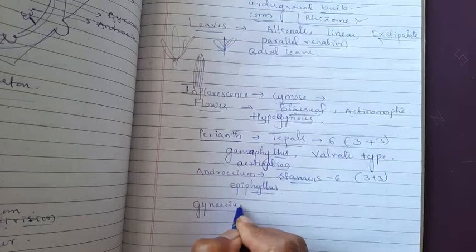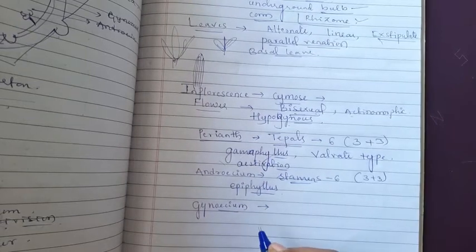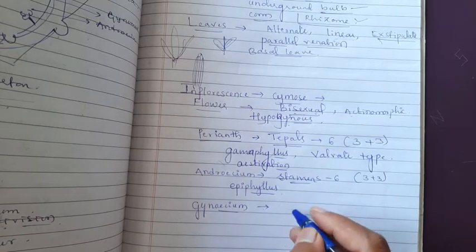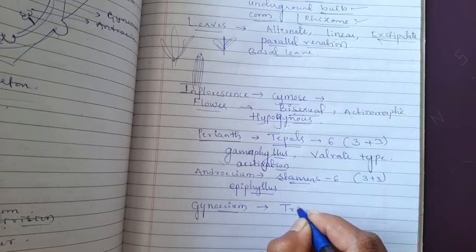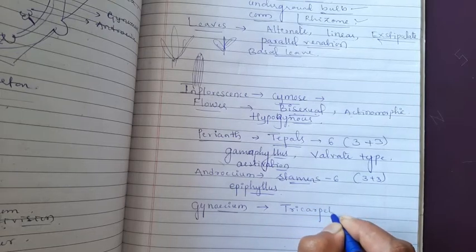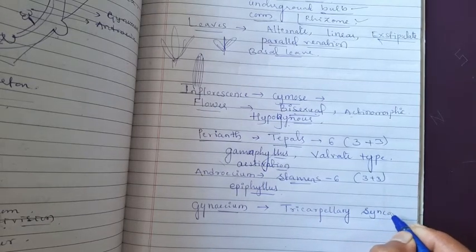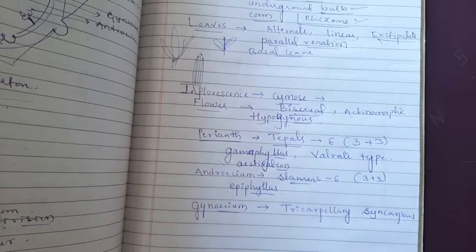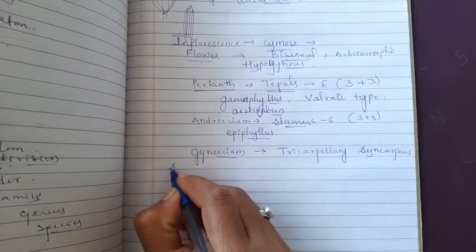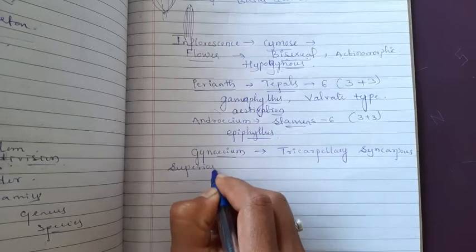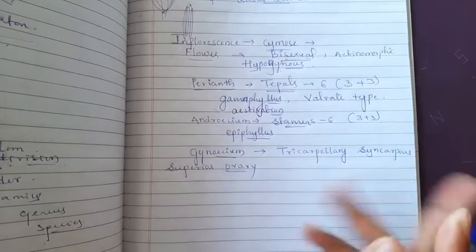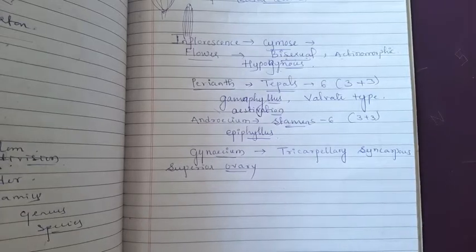Then gynoecium. Gynoecium is tricarpellary, syncarpous, superior ovary. 3 carpels are present, all the carpels are fused, that is why we use a syncarpous condition, and hypogynous flower.